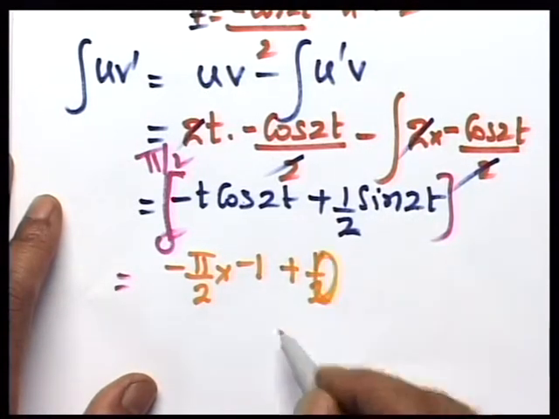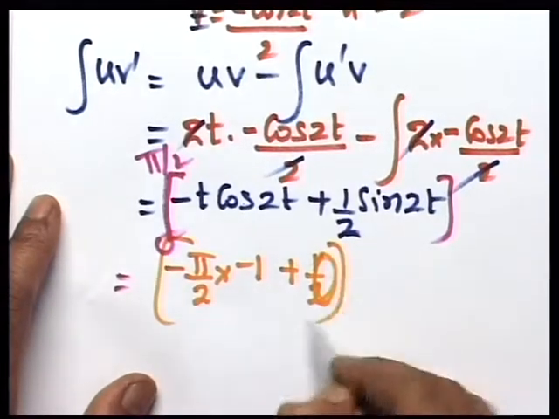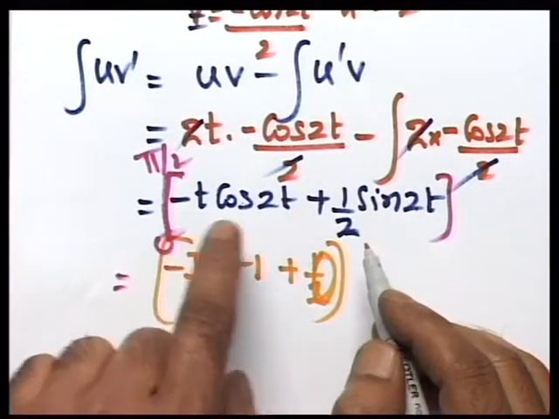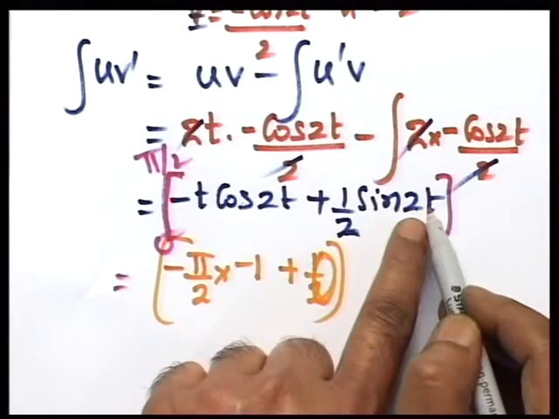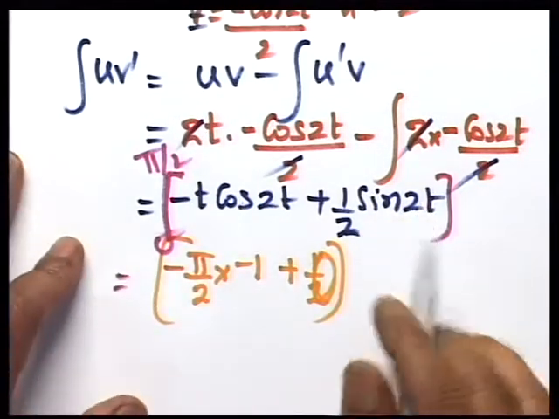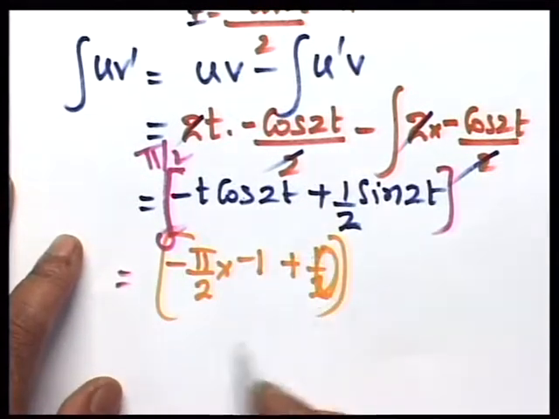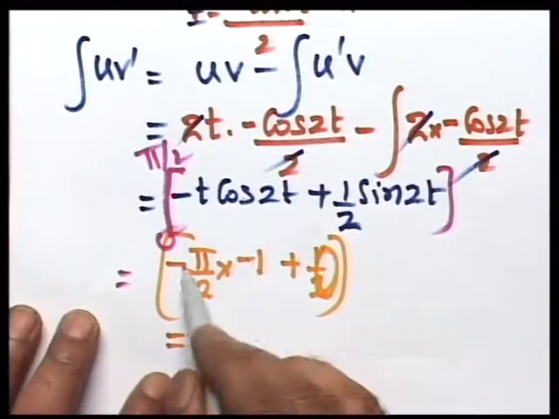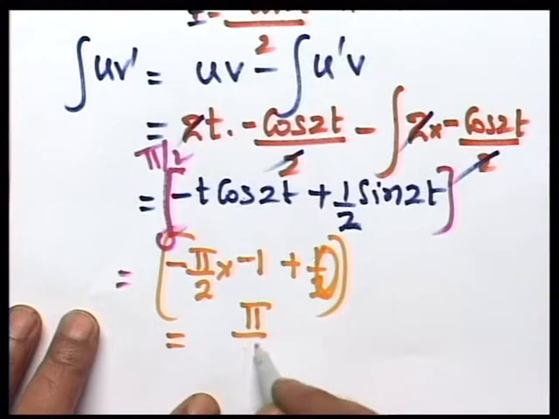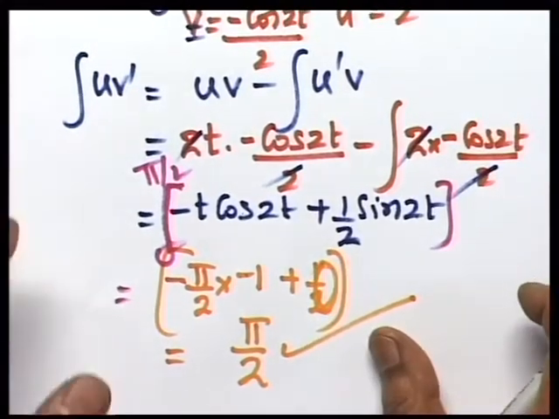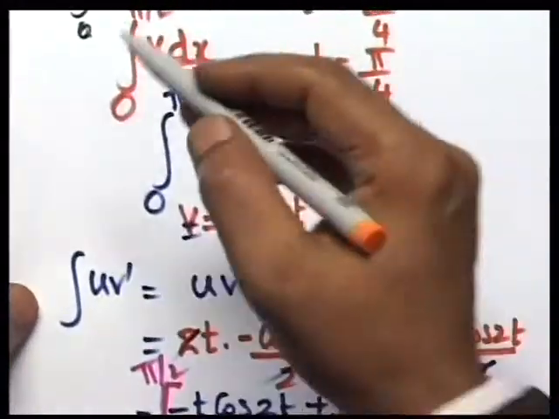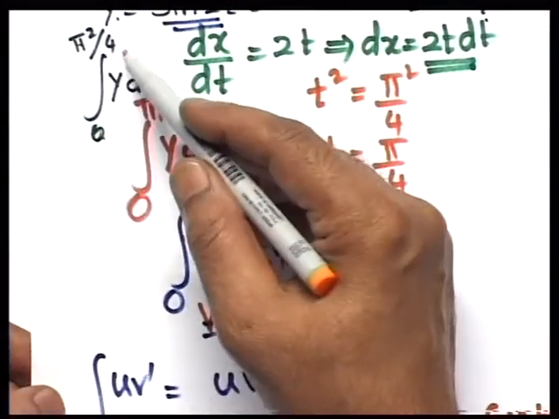So that whole thing is 0. That's one answer. If you substitute 0, that is 0, sine 0 is 0. So there is no second answer. So it's simply pi over 2. That's the area under the curve with the limits 0 and pi squared over 4.